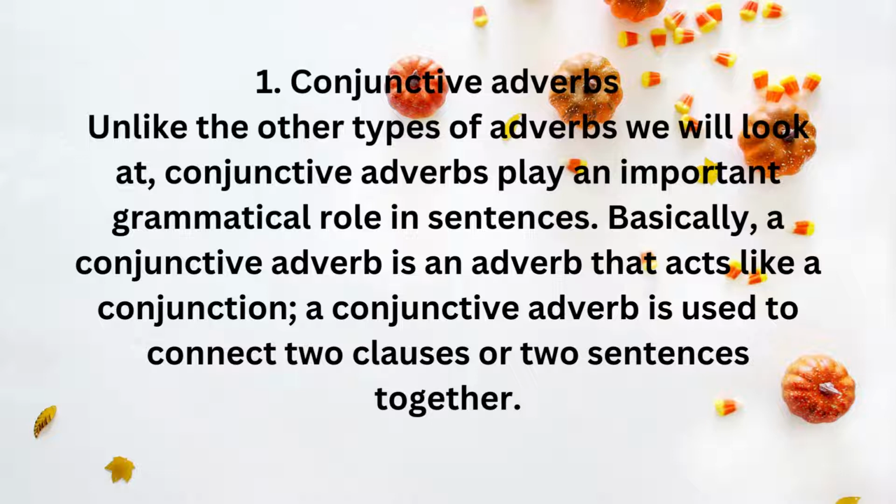The sentence will be grammatically wrong if we do not use these conjunctive adverbs. Basically, a conjunctive adverb is an adverb that acts like a conjunction, used to connect two clauses or two sentences together.